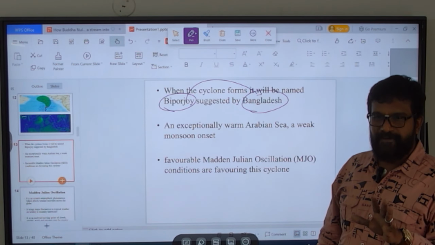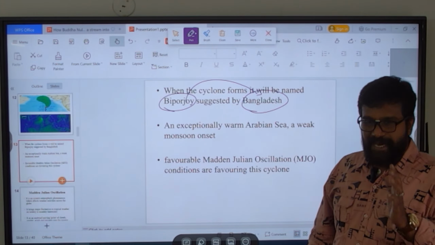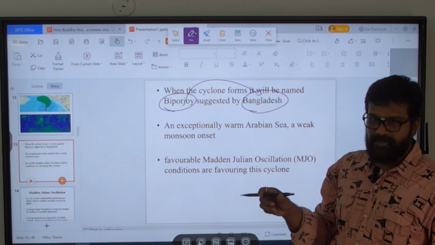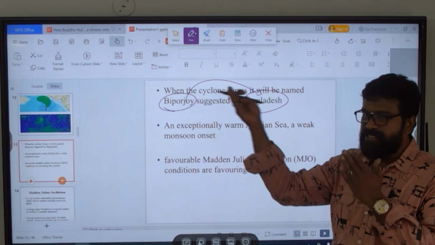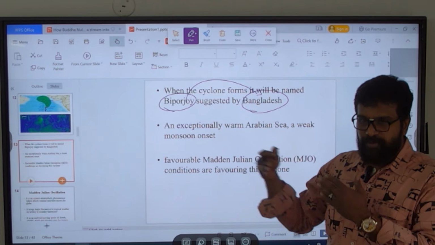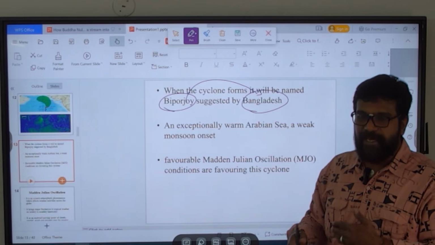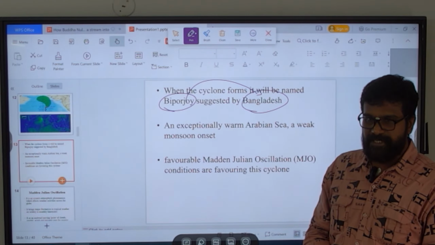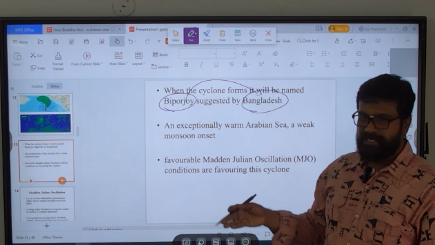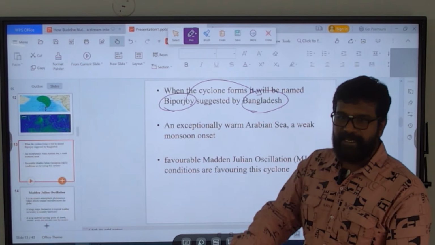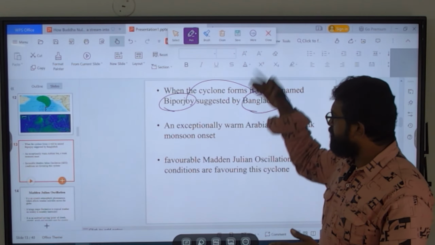So we have some 11 to 12 countries suggesting cyclone names, like a periodic table. Each and every country contributes its own names for cyclones. So today, one cyclone is happening and the Bangladesh name Biporjoy is used. Tomorrow, if another cyclone comes, an Indian name will be used. So these are the things.